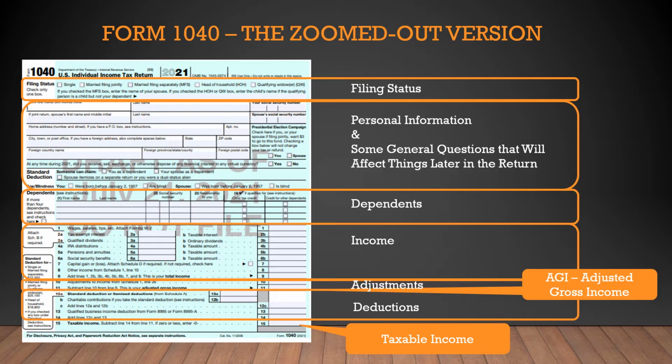And this line can help determine if our taxpayer can take certain credits or have certain benefits. The deductions happen after that line. And again, just like adjustments, they lower the amount of income that will become taxable. The first page of our 1040 ends with the line taxable income.